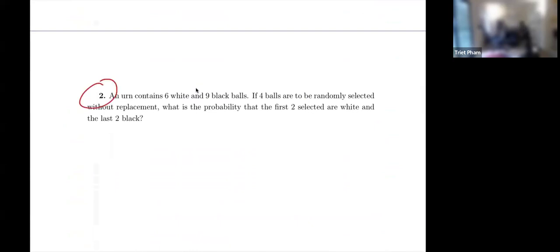It's really not about conditioning, but about applying the multiplication rule. That's all there is to it. The point is we don't want to do this by counting, now that we have the multiplication principle. Let's do it that way, okay? So let's give it a couple of minutes. I'll be right back.